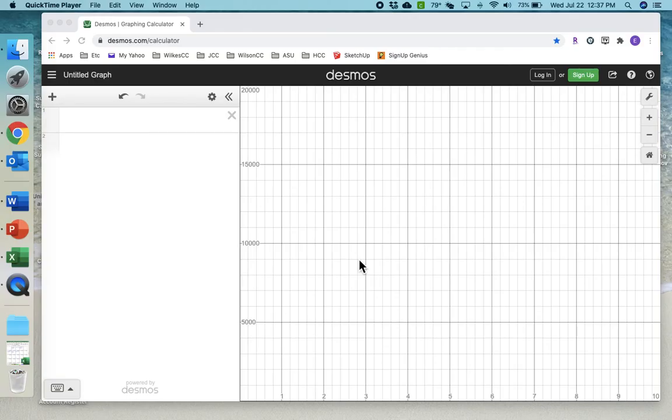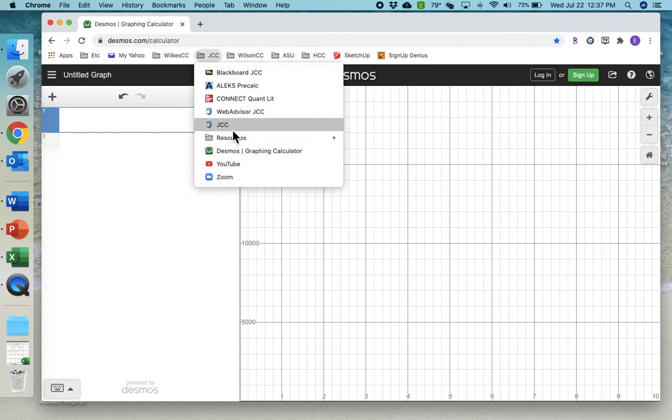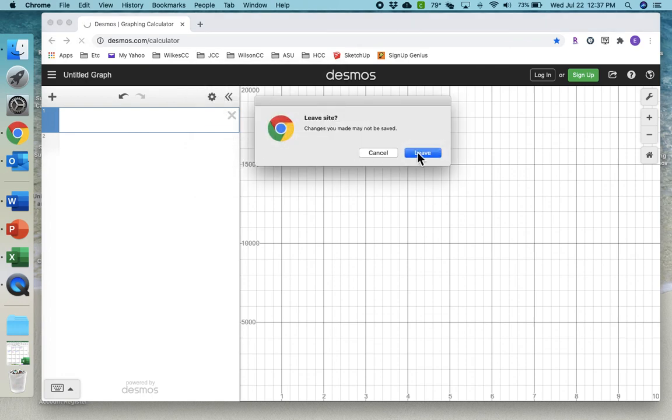Real quick, a couple examples on quadratics in Desmos. So for example 1, we could check ourselves. We were graphing y equals x squared minus 6x minus 7. I'm going to pull this up again so it'll be blank.